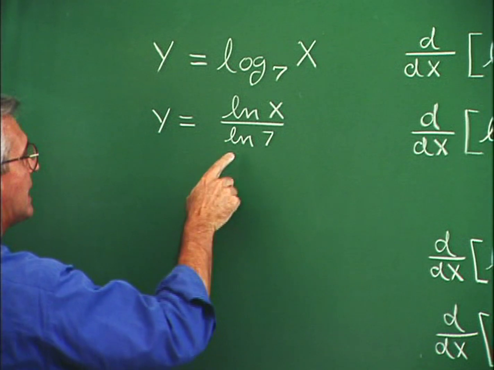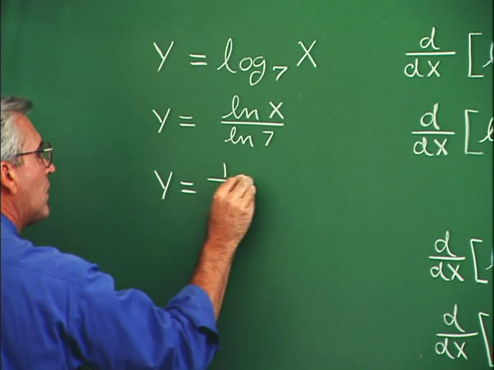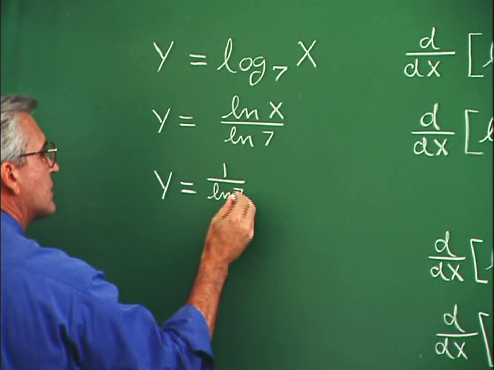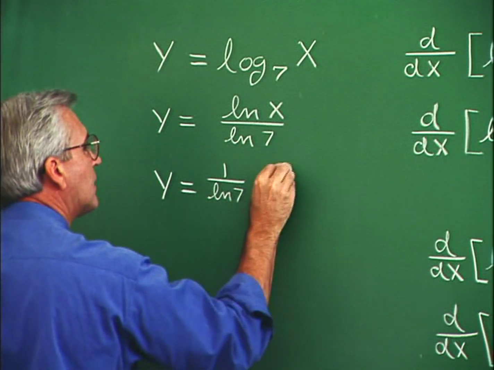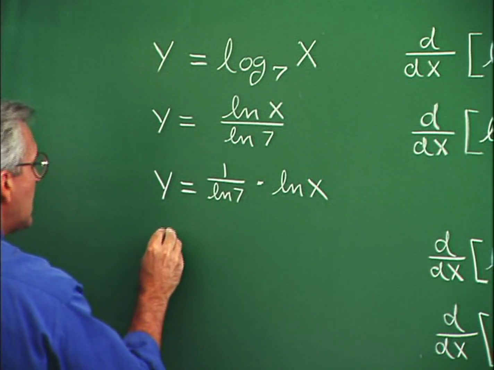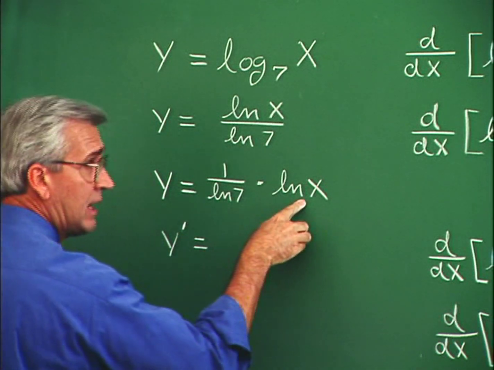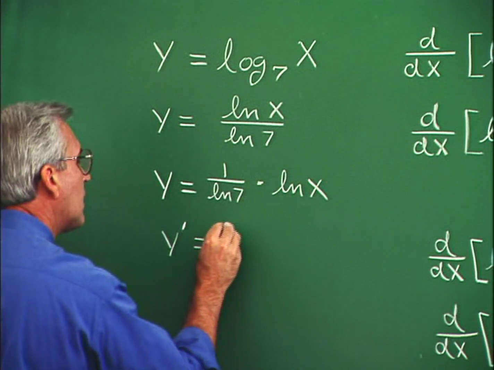And then we have 1 over ln 7, just for emphasis here, times ln x. So we have a constant times ln x. And now y prime equals, now we know how to find the derivative of this, I think.